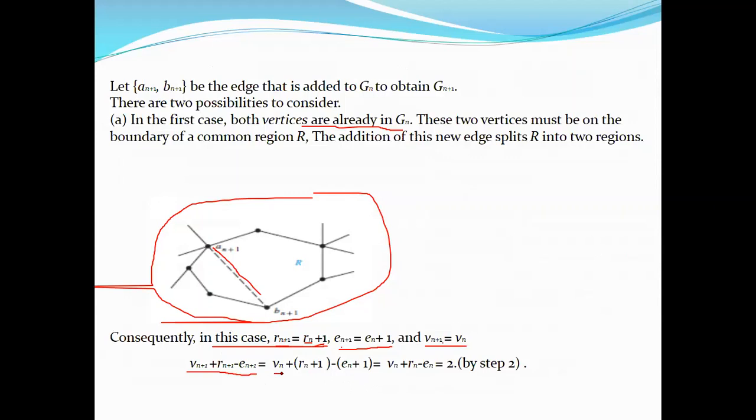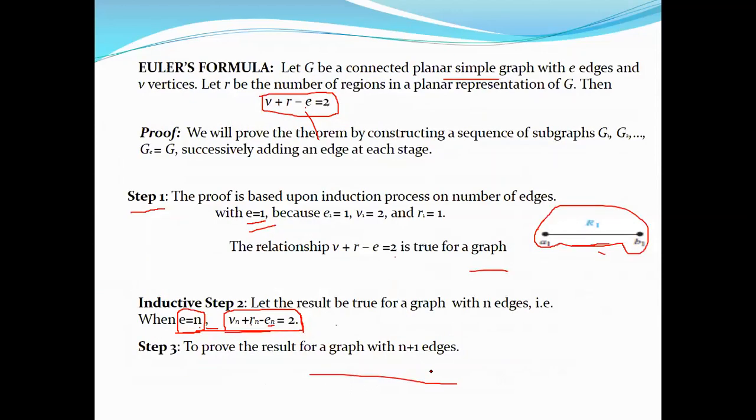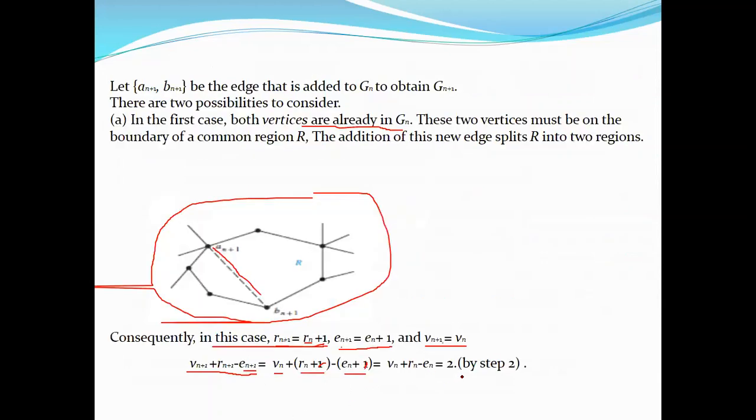Vn plus 1 remains the same, Rn plus 1, and En plus 1. This 1 gets cancelled with this one, and finally we get Vn plus Rn minus En. The result is true because it is true from step number 2. So it is equal to 2.